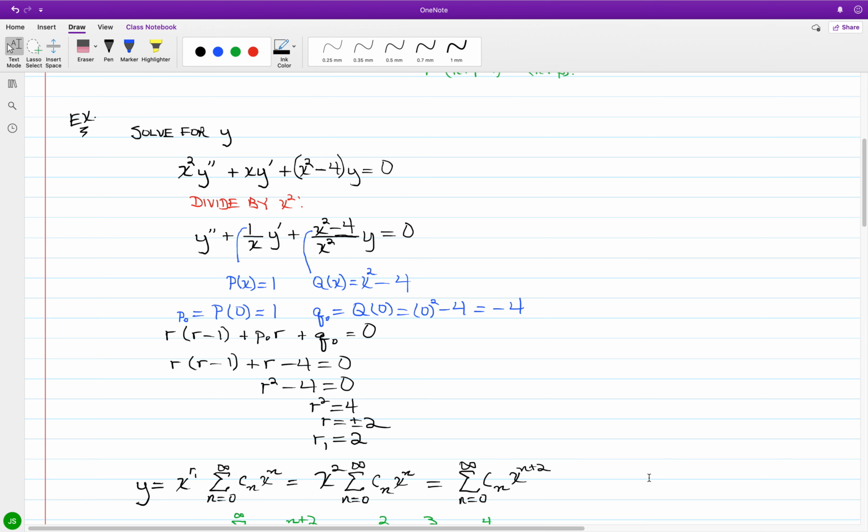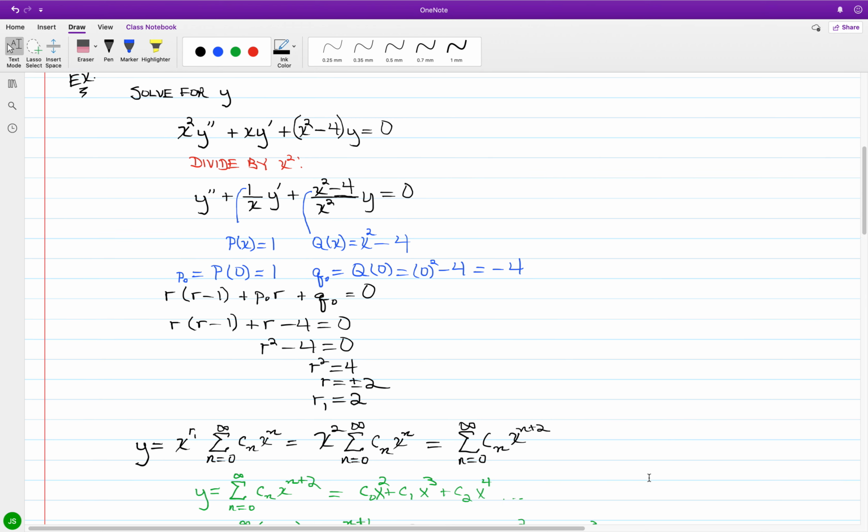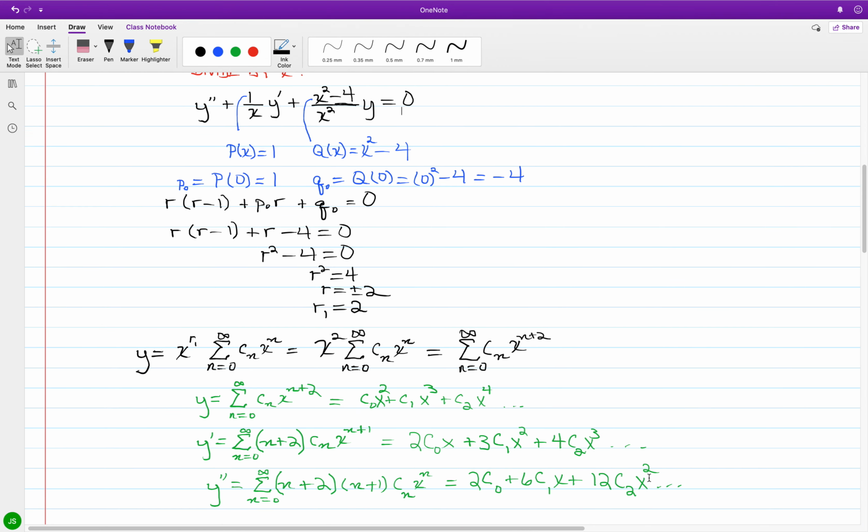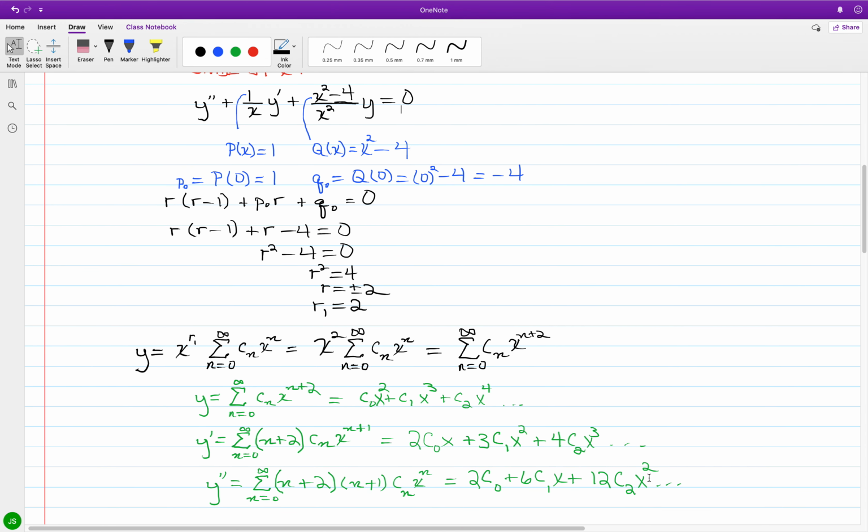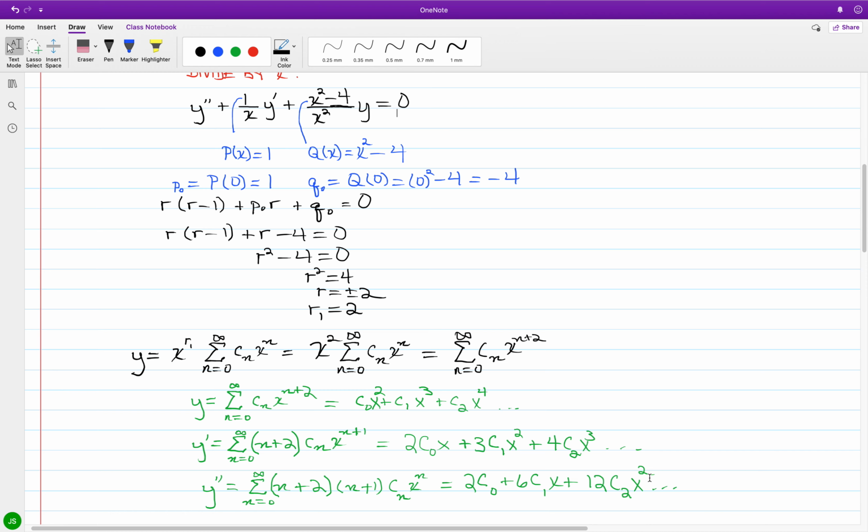All right, and now specifying what we have in our summations. For y, starting out at n equal to 0, you have c naught x squared, c1 x cubed, c2 x to the 4th, c3 x to the 5th, and running continuously. And for y prime, we have the summation of n plus 2 times c of n times x to the n plus 1.